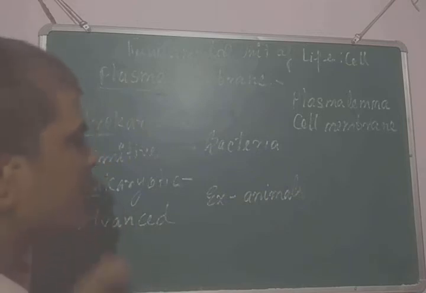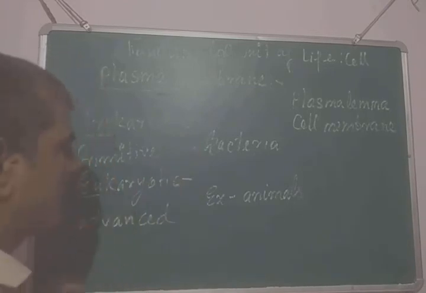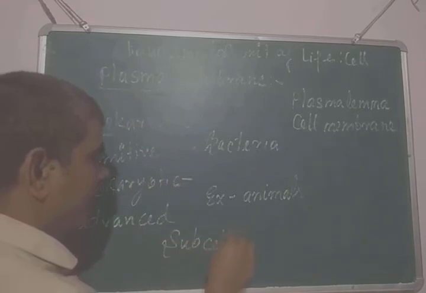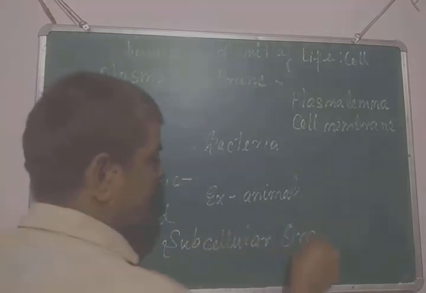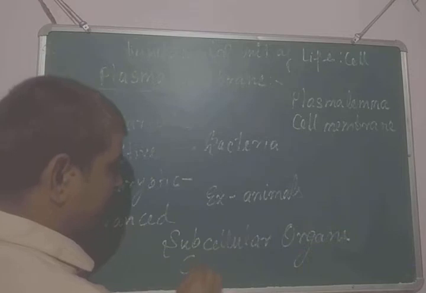Besides this, the plasma membrane also encloses the subcellular organs, which means cell organelles.